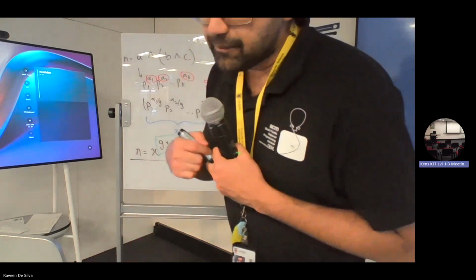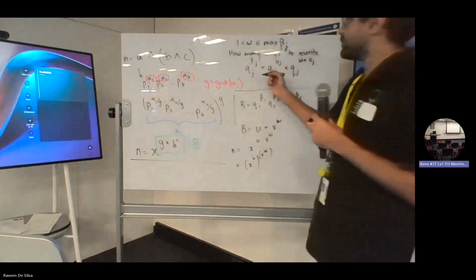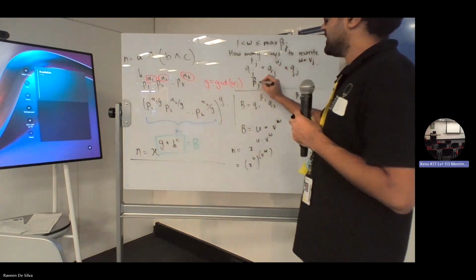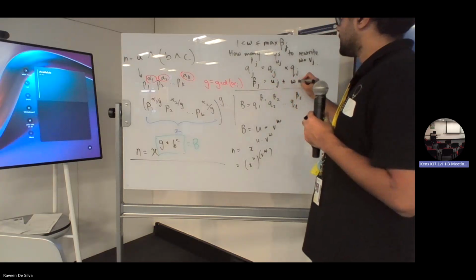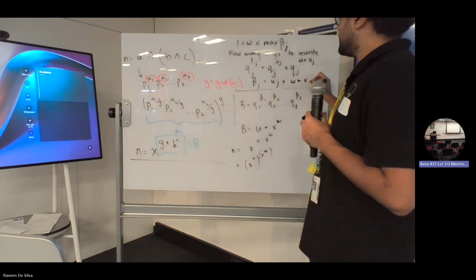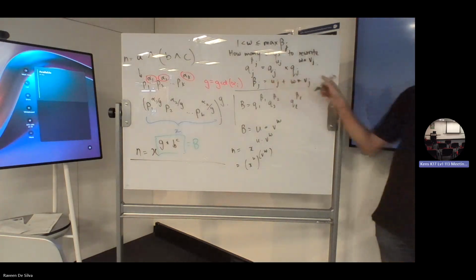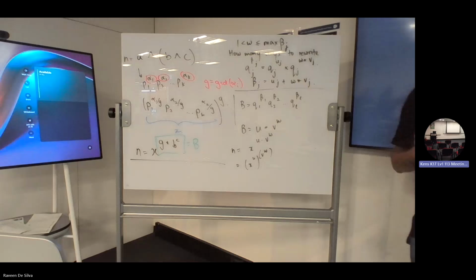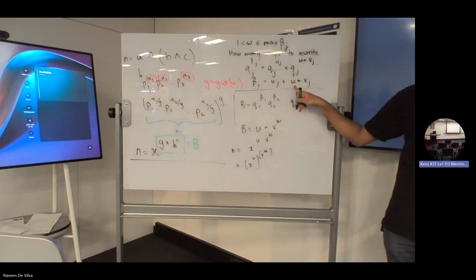Well, in order to solve this, we really just want beta_j to equal u_j plus w times v_j. So how many solutions are there to this equation if beta_j is fixed and w is fixed?